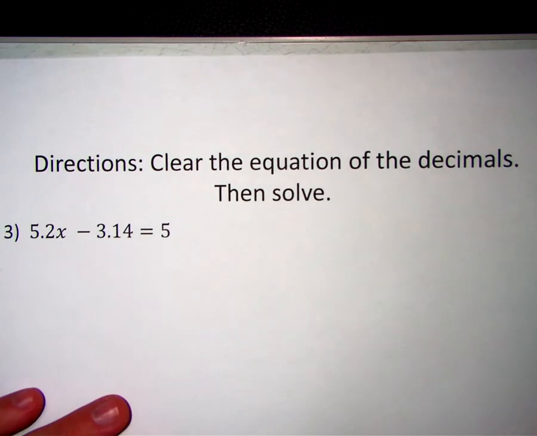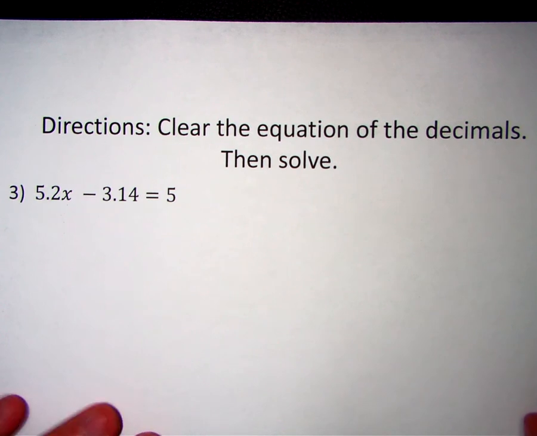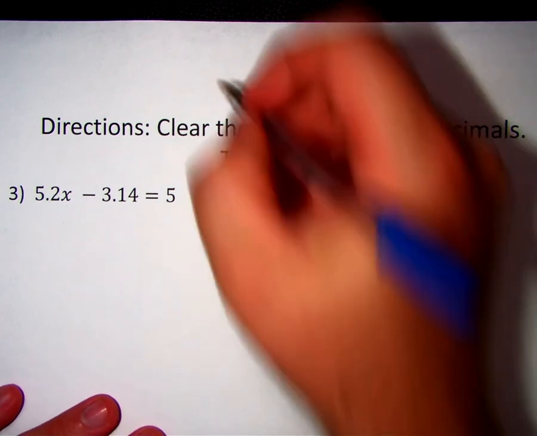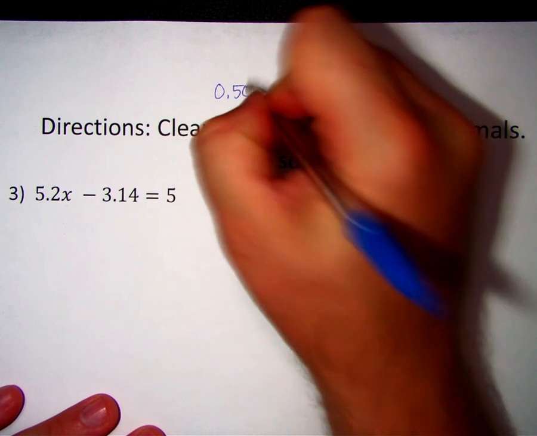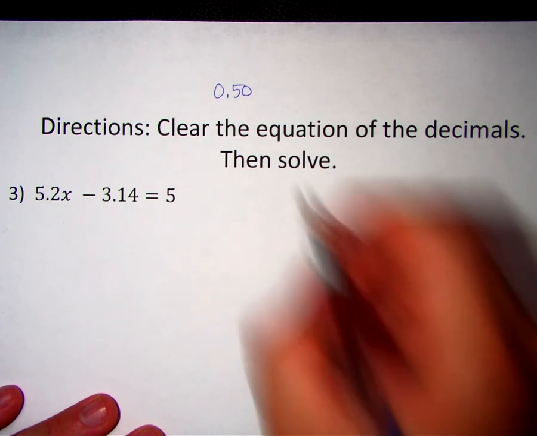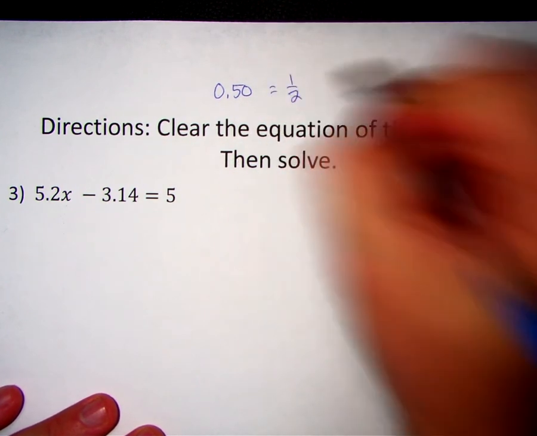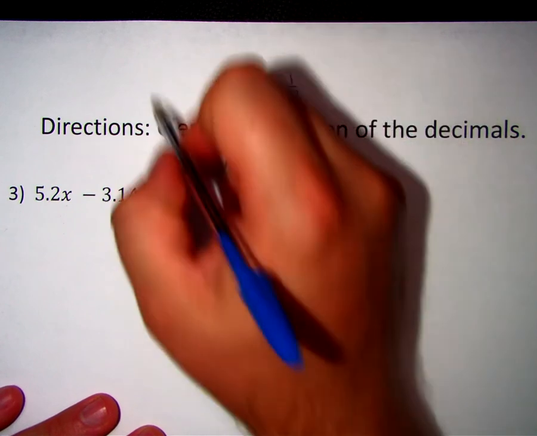All right. Clearing decimals is going to follow a similar philosophy. Now, a couple of things we want to remember about decimals. We can change a decimal like 0.50, which we know is half of 1, which we also know when we move the decimal 2 places, that becomes 50%.